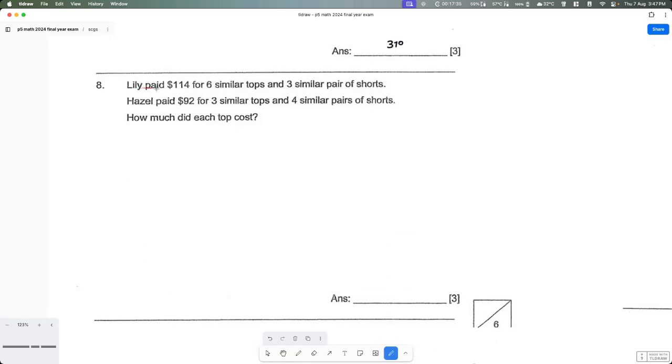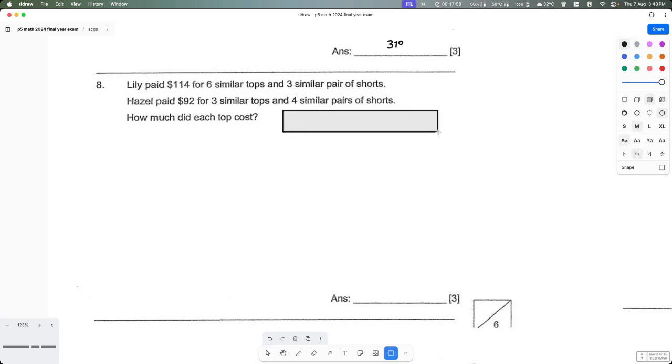Over here, Lily paid $114 for 6 similar tops and 3 similar pairs of shorts. Hazel paid $92 for 3 similar tops and 4 similar pairs of shorts. How much did each top cost? Right, so we can use simultaneous equations over here.